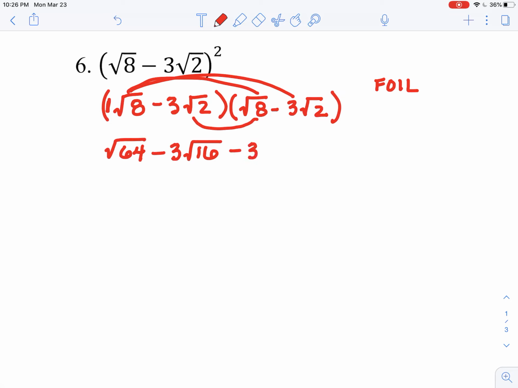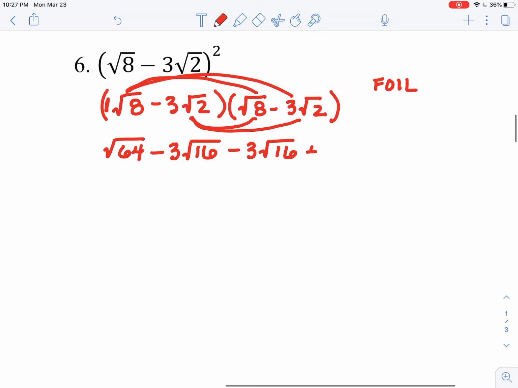That makes negative 3 times the square root of 16. And for my last terms, negative 3 root 2 times another negative 3 root 2 makes positive 9 root 4.